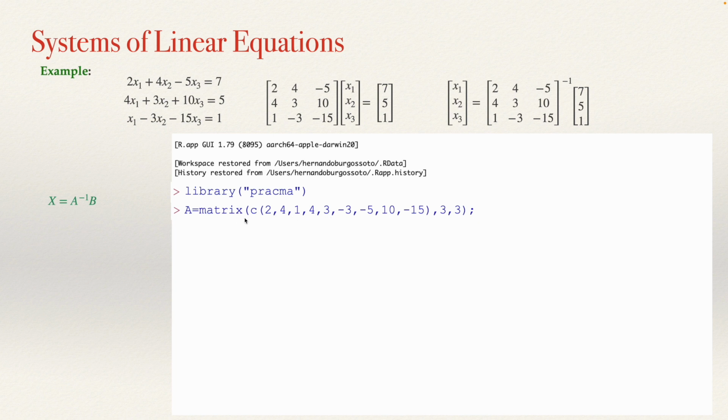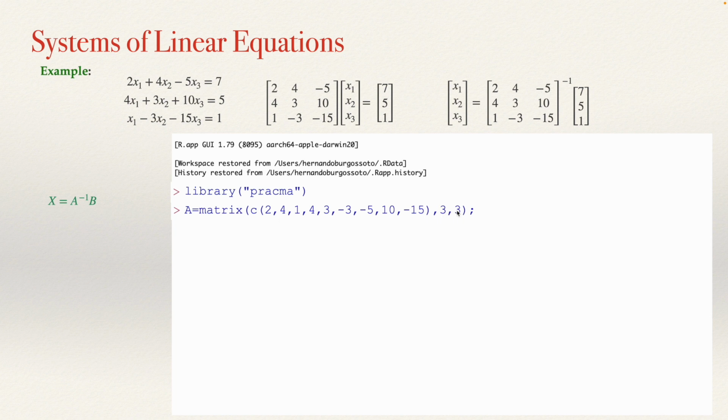So you type matrix, that will be the command for entering the matrix. c, a command for combinations of columns, and then the columns 2, 4, 1, the second column 4, 3, negative 3, minus 5, 10, negative 15. All of them separated by commas. Then a comma to separate the number of rows and then the number of columns of this matrix.